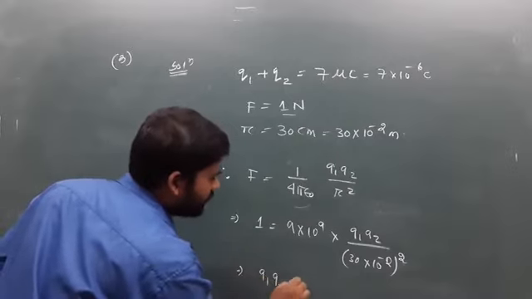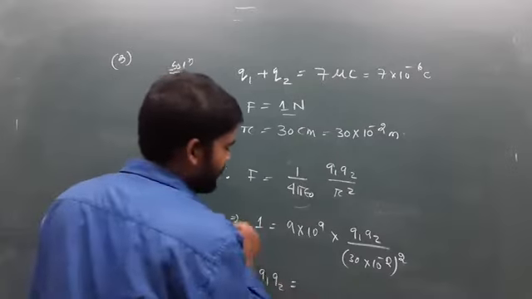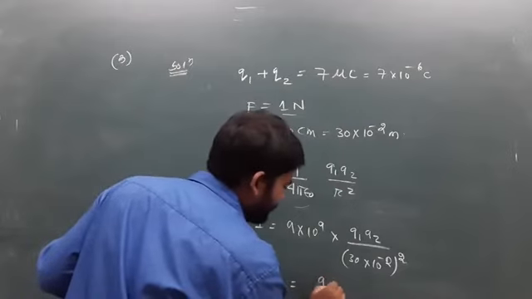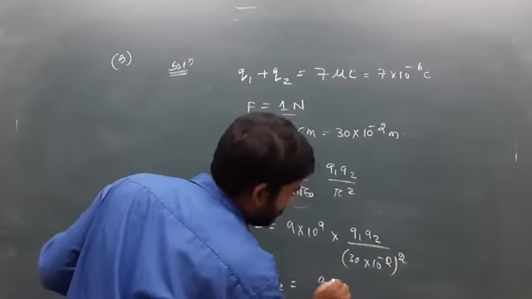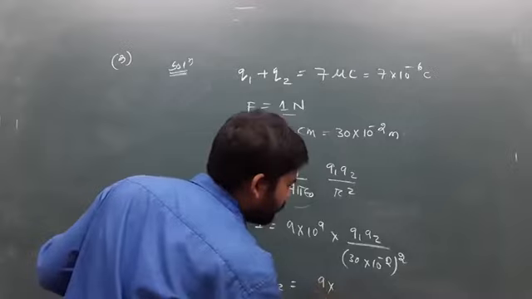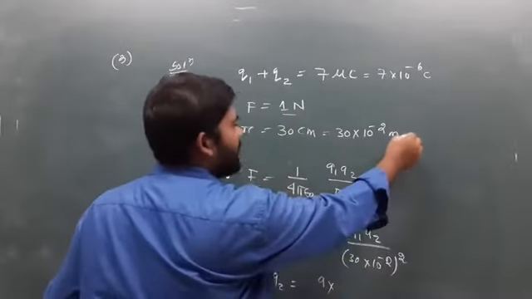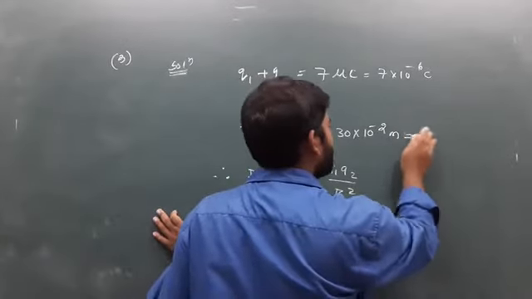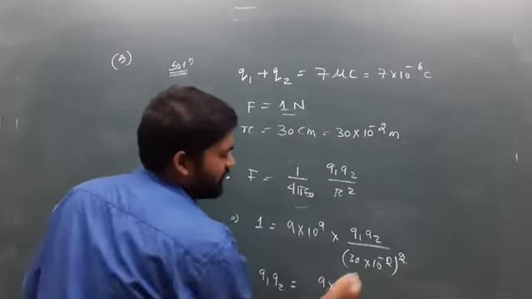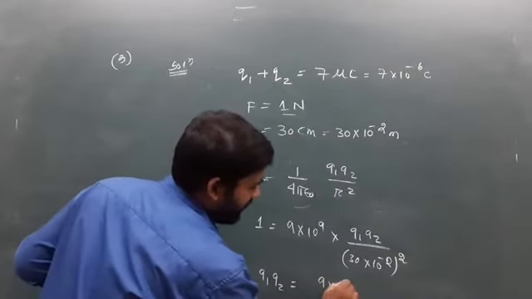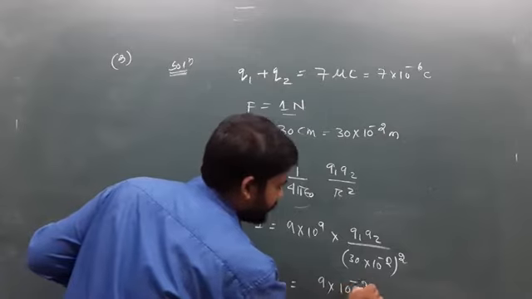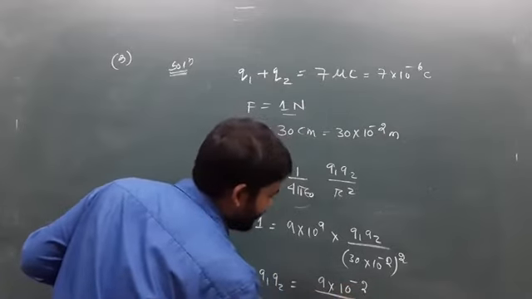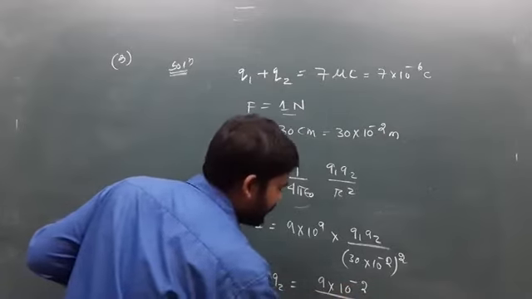So q1 q2 equals 9 into 10 to the power minus 2 divided by 9 into 10 to the power 9.